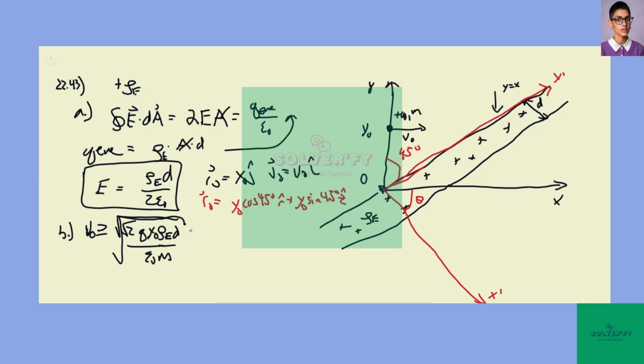Okay, so we can also transform the velocity vector to this r-z basis, with r being the perpendicular basis and z being the parallel basis to our slab. So our v naught thus becomes negative v naught sine 45 degrees r hat plus v naught cosine 45 degrees z hat.